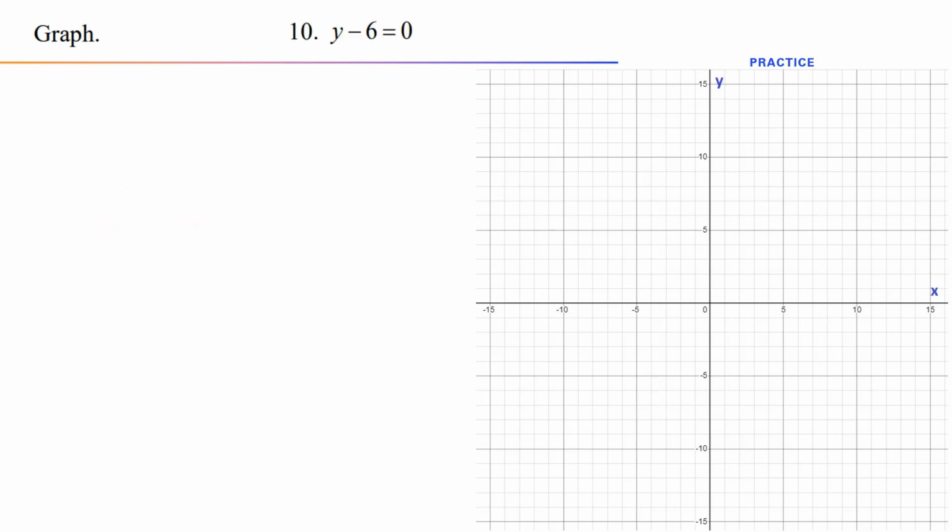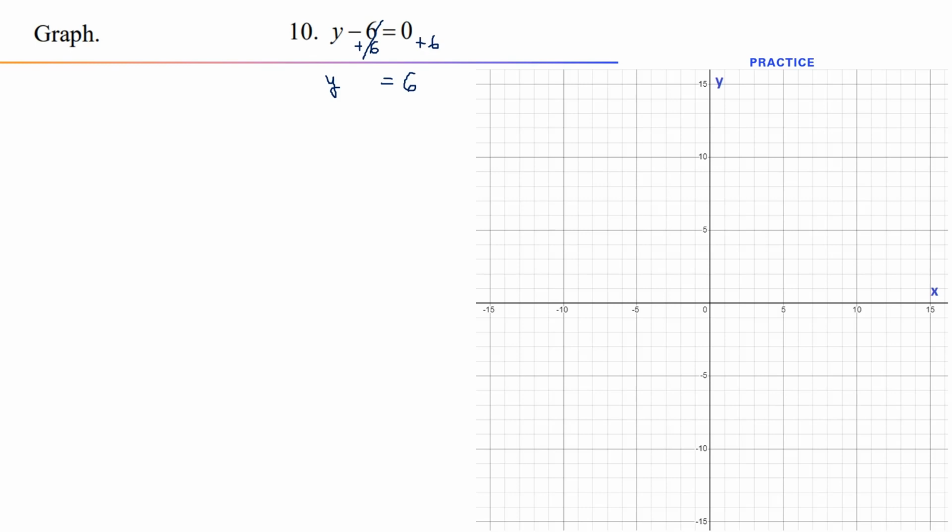Alright, similar for this one, we don't see any x term in this question, so we can rewrite it as y equal 6 by adding 6 to both sides. Now we have y equals 6 for any value of x.